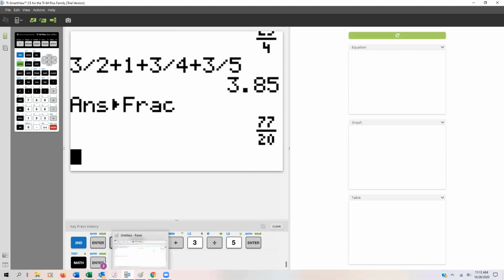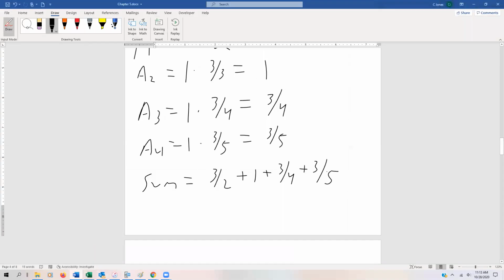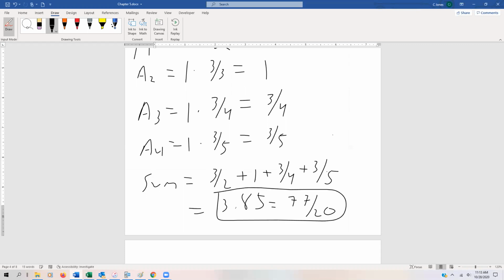All right, so we got 3.85, which is really the same as 77/20. All right, now again, that's the area under the function f of x equals 3/x using the right endpoints. All right, and clearly that's different.